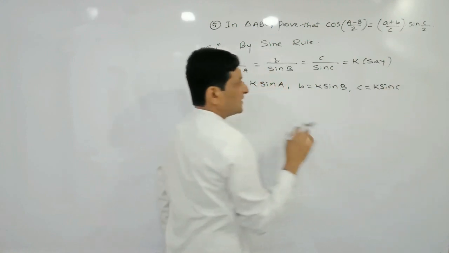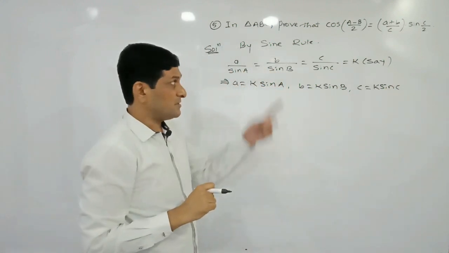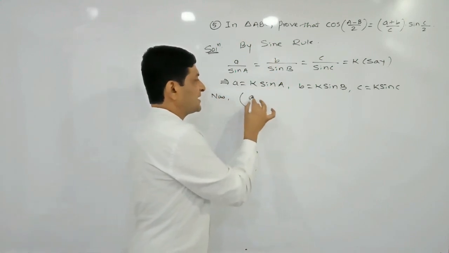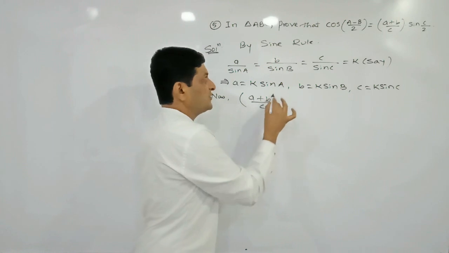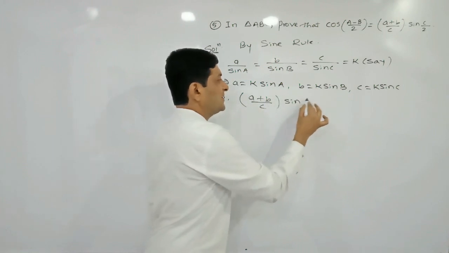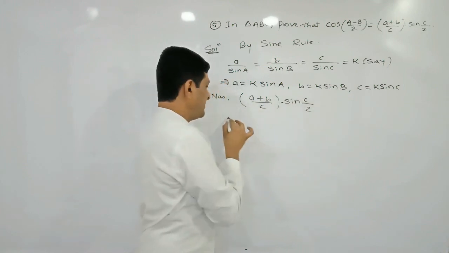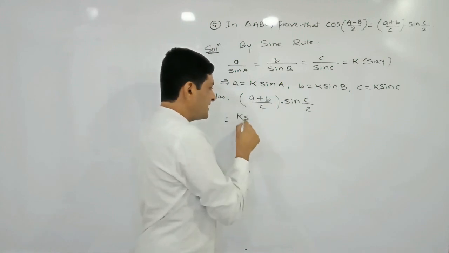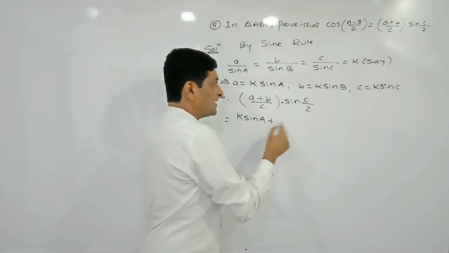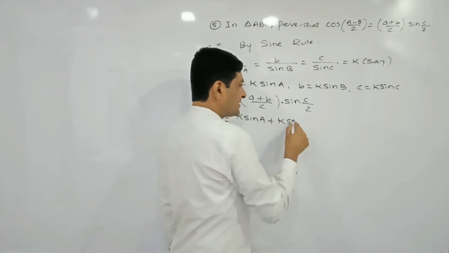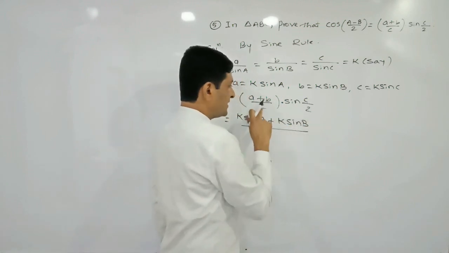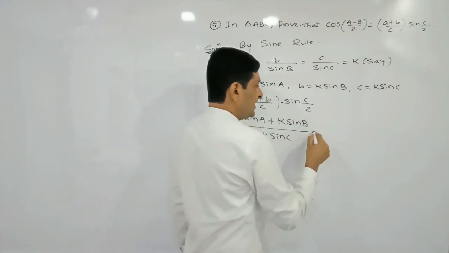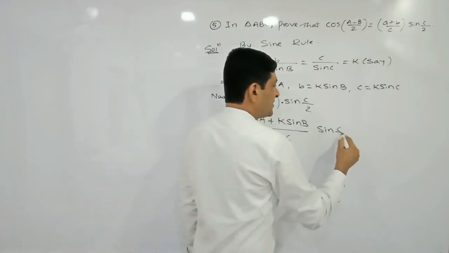Once these values are known to us, now consider our right hand side, that is (a plus b) upon c into sine C by 2. Replace a by k sine A, plus b by k sine B. In the denominator, replace c by k sine C into sine C by 2, keep it as it is.